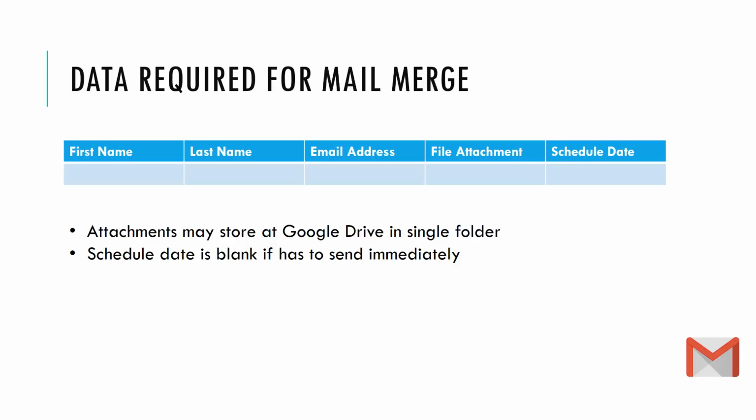You may send this particular mail in the future on a scheduled date also. If you want to send it immediately, then it can be kept blank. Attachments can be loaded in many ways, but you may store them in Google Drive in a single folder. It will help you to execute it faster.